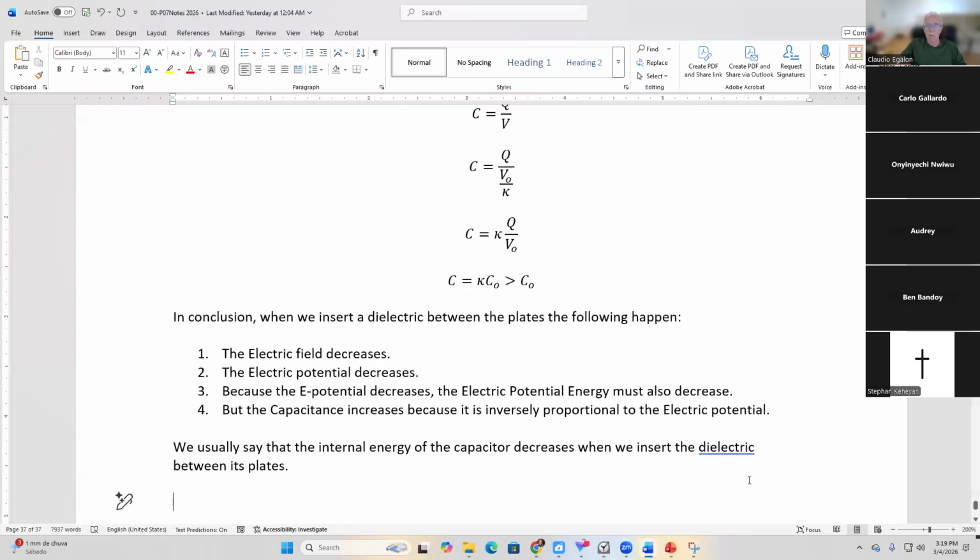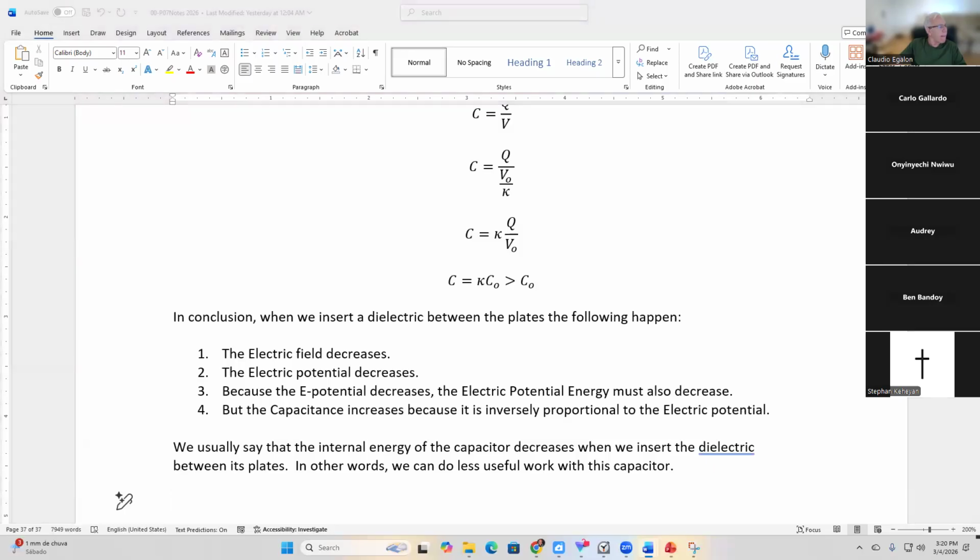So you can do less work, right? In other words, we can do less work with this capacitor, less useful work with this capacitor.